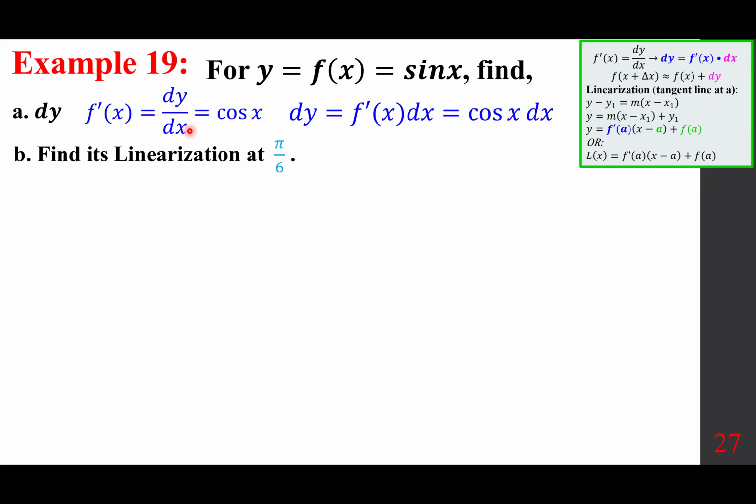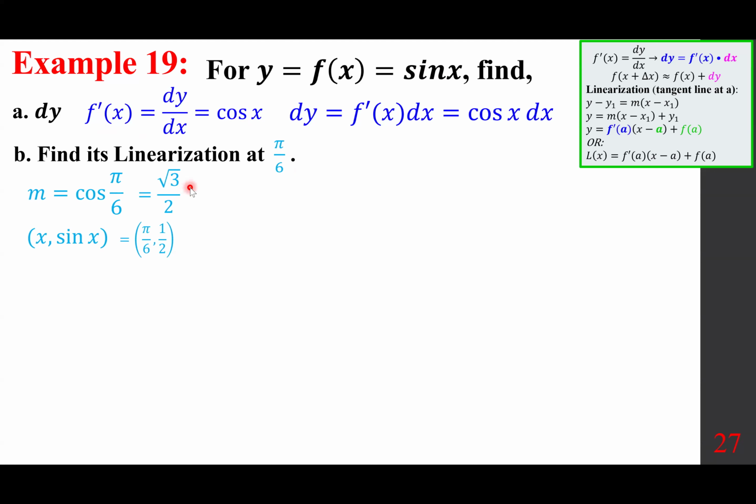The slope is using f prime of x, so dy dx, so cosine x, or cosine of pi over 6, which we should know is square root of 3 over 2. And the pair is x comma sine x. That means pi over 6 and the sine of pi over 6, which we should know is 1/2. So we have a pair.